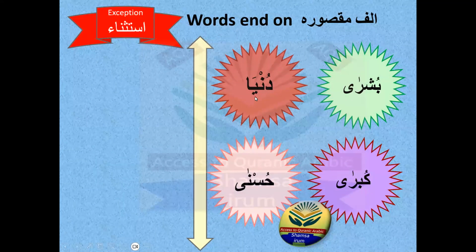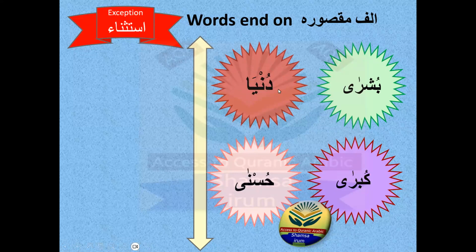It does not look like there is a ya in the end, and there is no standing fatha or khadi zabar in the end, but still it comes in this category, because the word Dunya is used in the Quran Pak very much. You can see this word dunya a lot of times. So whenever the word dunya comes in the Quran, you should know that it's a feminine word, not a masculine word.